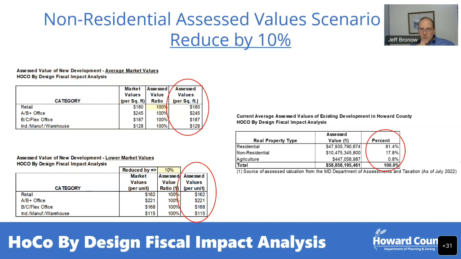The ratio is 81% residential and 17.8% non-residential, and there's a little bit for agricultural. So as you reduce the assessed value for non-residential, it will have an impact on the fiscal analysis, but relative to the residential impact, it's going to be much less because the overall assessed value for non-residential is under 20% countywide.